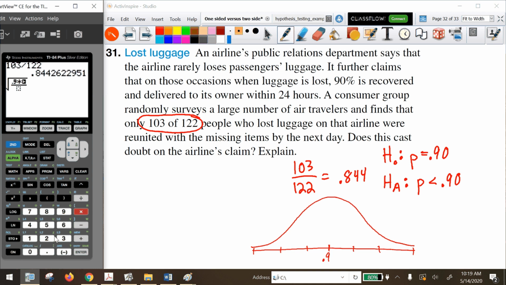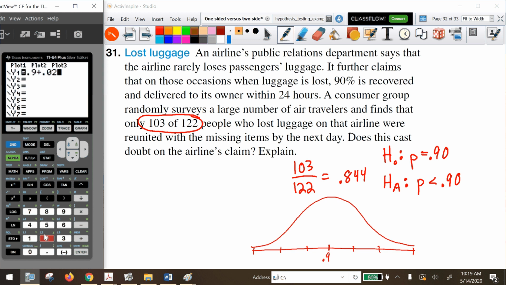Our q is therefore 10%. And our sample size is 122 people. So our standard deviation is 0.027.